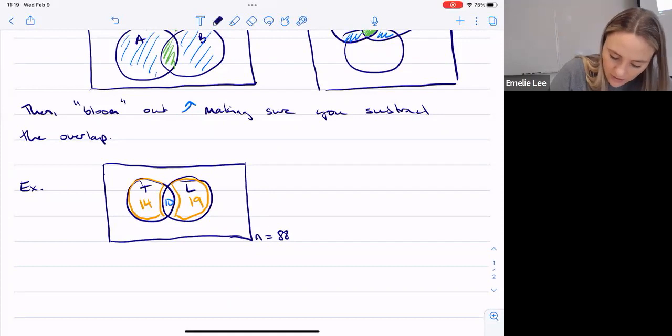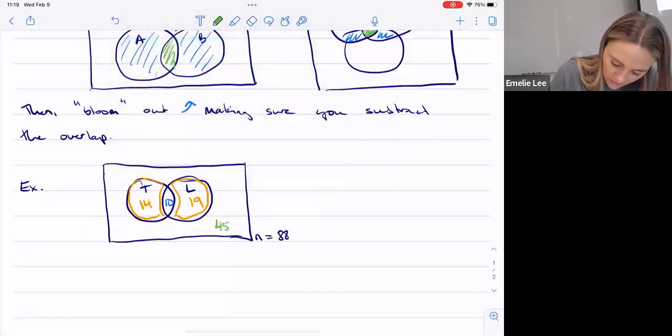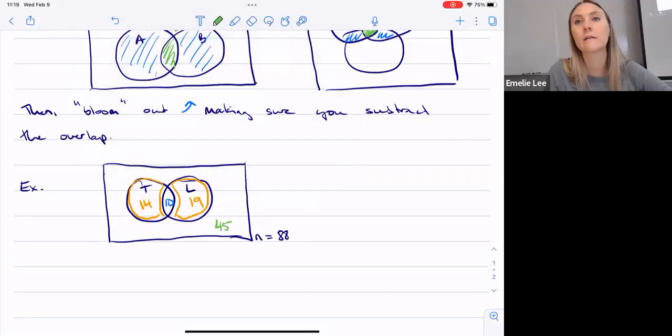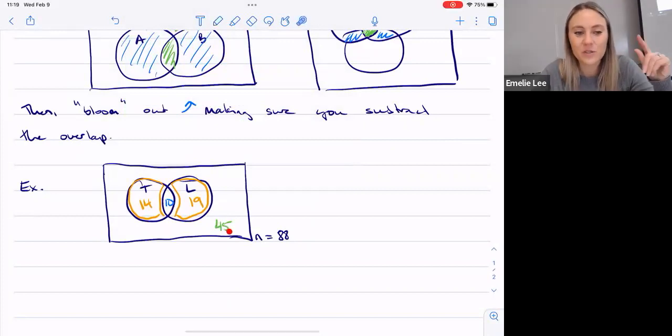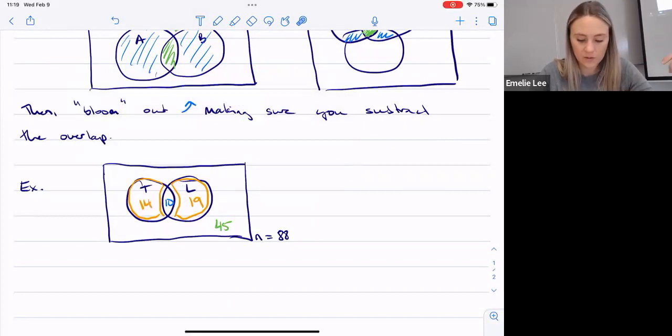So 45 students have neither a laptop nor a tablet, right, out of those 88.